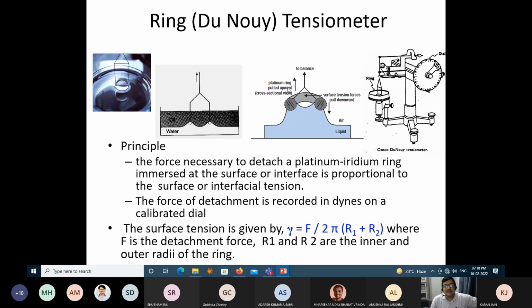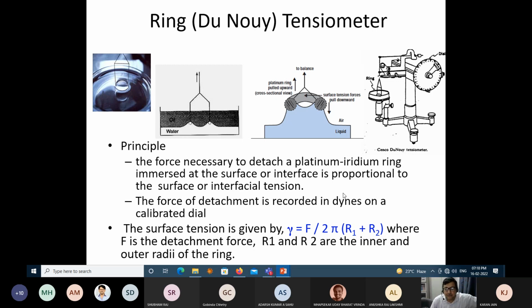The other method is called the Du Noüy ring method. This generally is used for the measurement of the interfacial tension. So you create an oil-water interface like that, and you place the Du Noüy ring at the interface like this. Then you connect this ring with a pulley where you start putting weight, right? At a particular situation, it will start pulling the surface like this, and beyond a certain weight, it will fail.